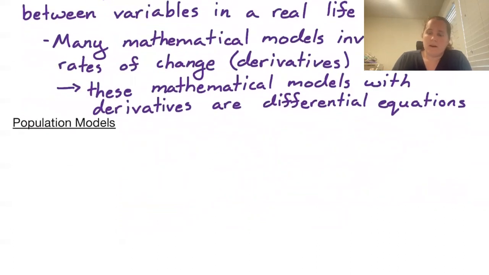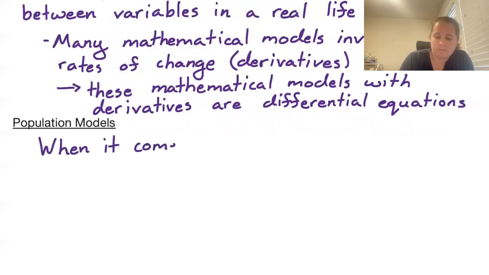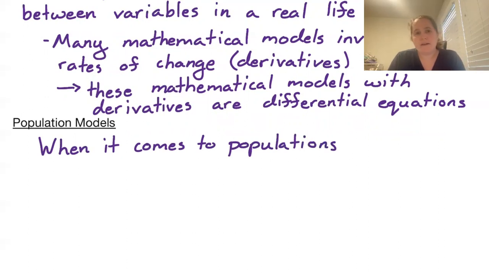So when it comes to populations, we assume that individuals in a population are reproducing at a similar rate, or we look at the average rate of change.